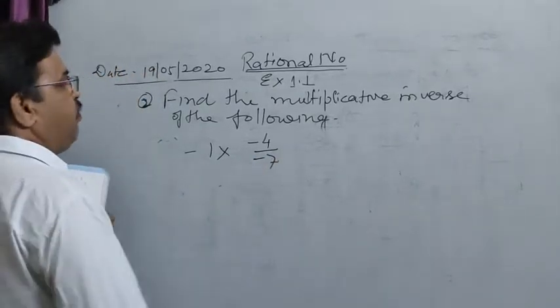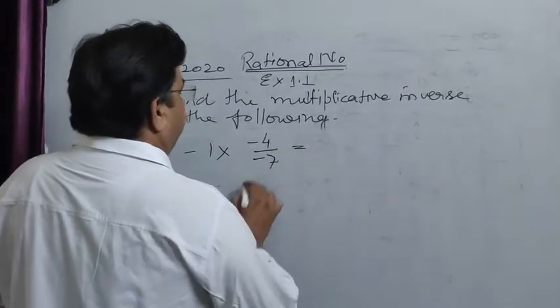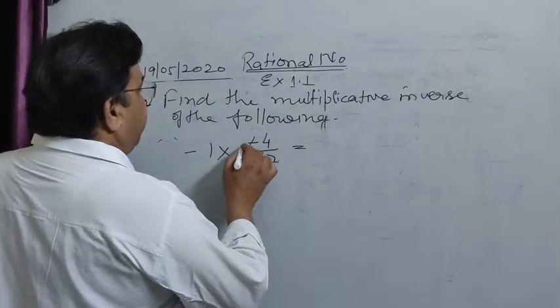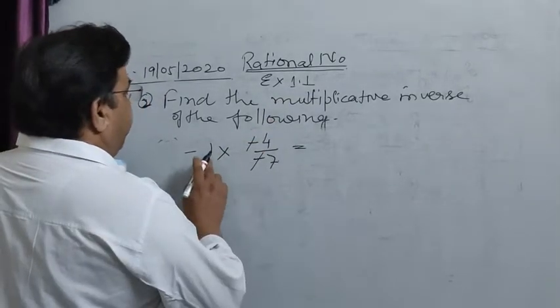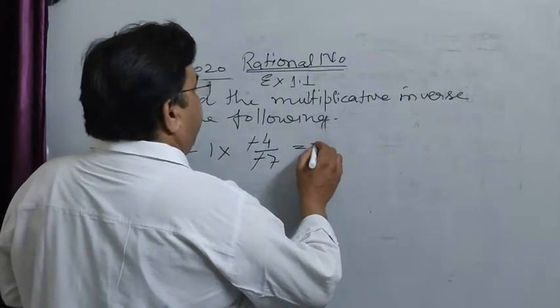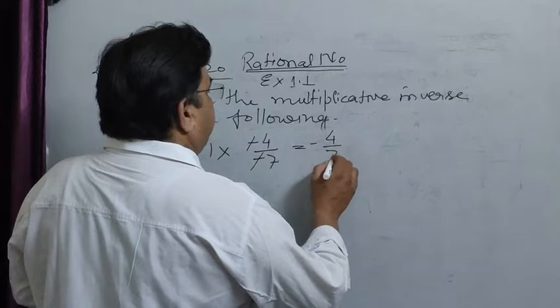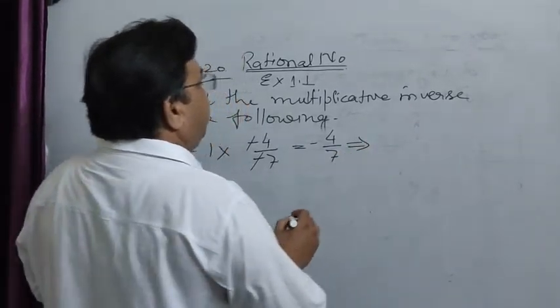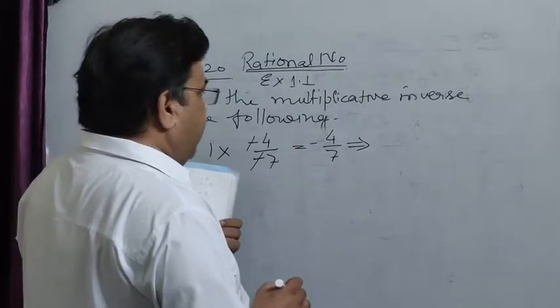First of all, make a single rational number. Minus is cancelled by minus, and multiply -1 by 4/7. Now we have got -4/7, and now you can write the multiplicative inverse.